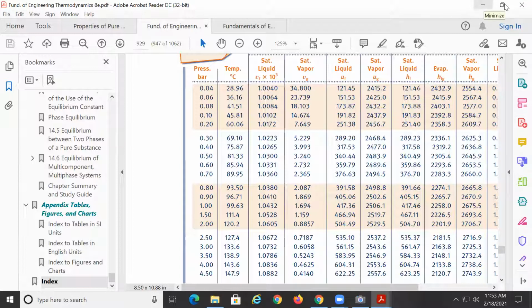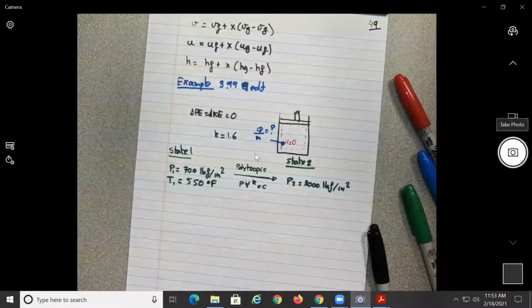So in this problem, what is the substance? We're dealing with water, so we need to know what is the state. At what state is the water when it is at 700 and 550? For example, if you have water at 1 atmosphere and, let's say, 200 degrees Celsius, it's going to be vapor, no?